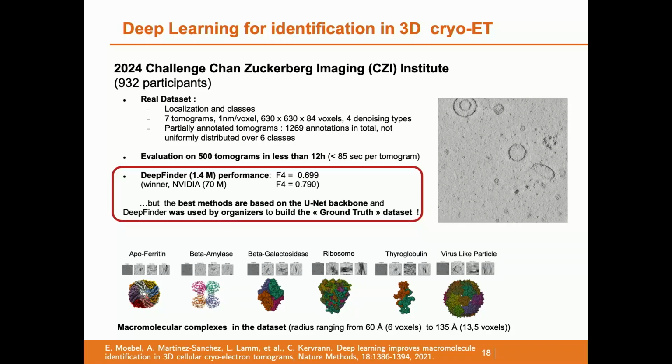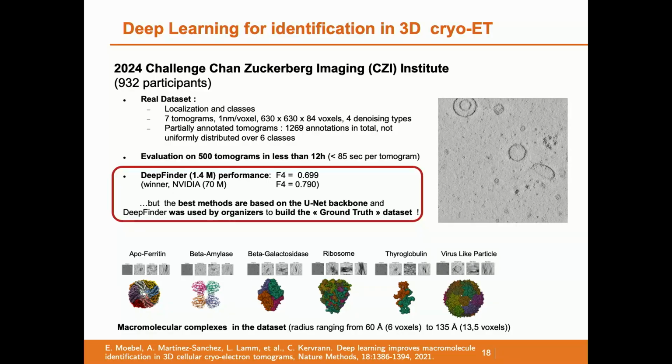And the annotations are partial in that case. In the previous challenges, the annotations were exhaustive, but in that case, the organizers only provided partial annotation. It means that in some location in the image there is no annotation. Sometimes it's a problem for training.